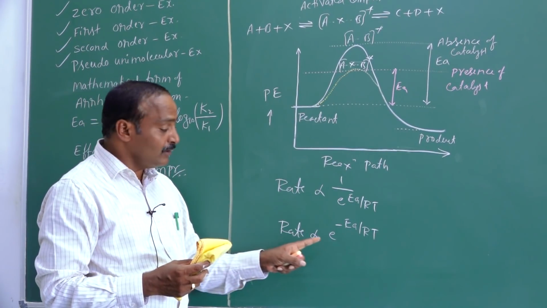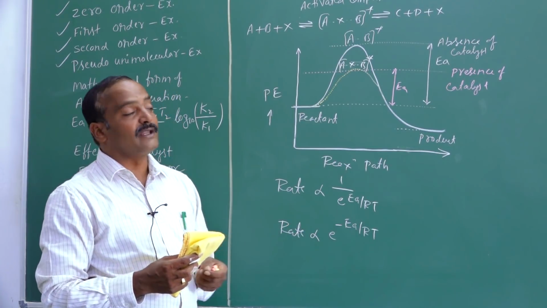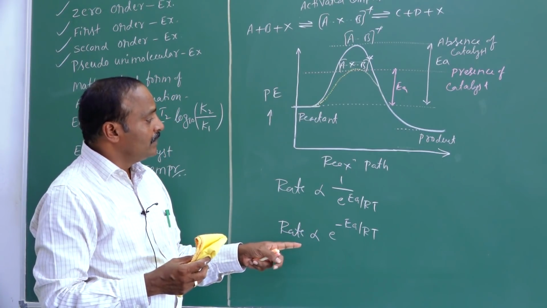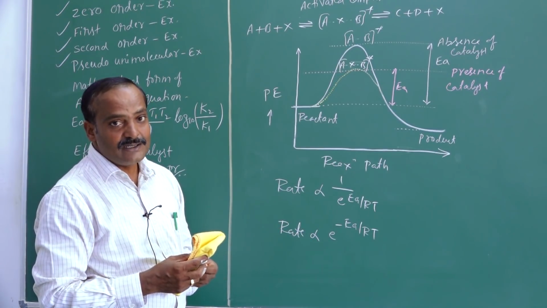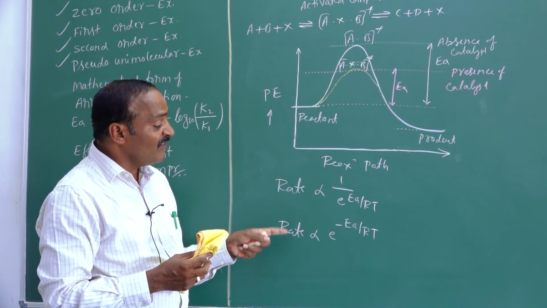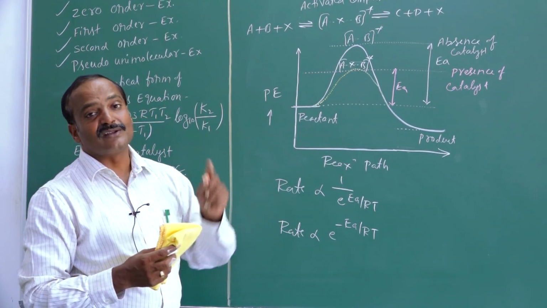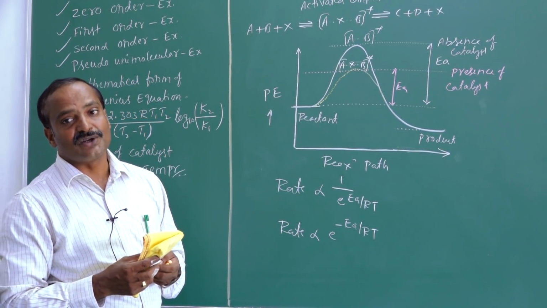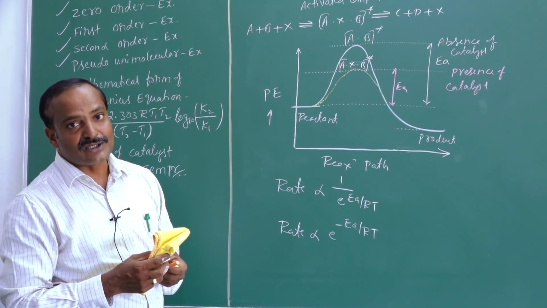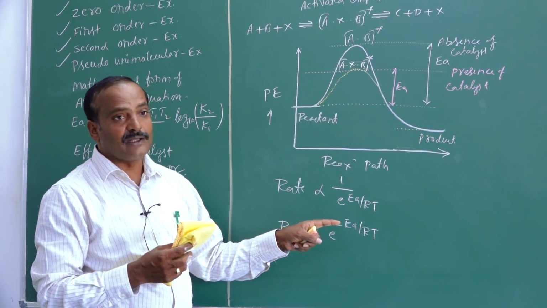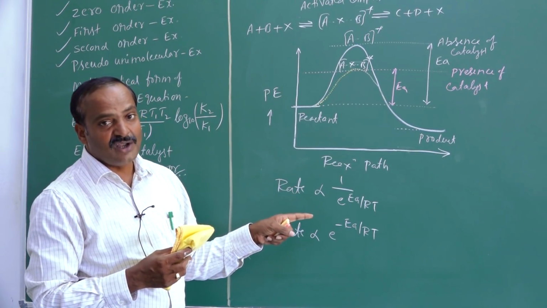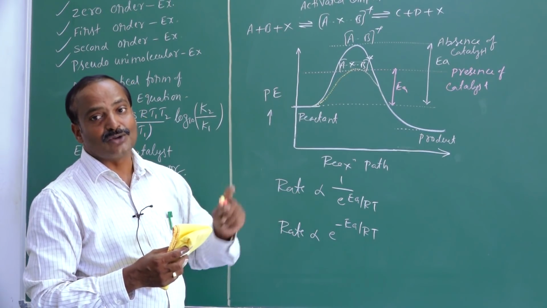The term e to the power of minus EA by RT represents the fraction of molecules which possess a threshold energy.